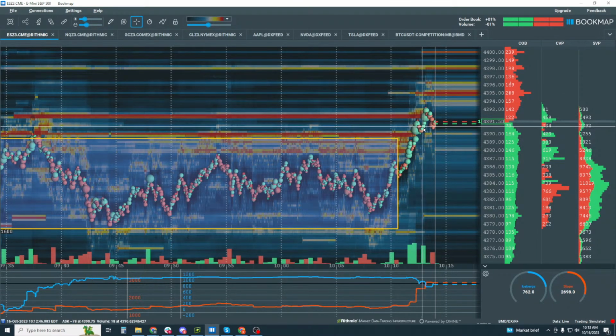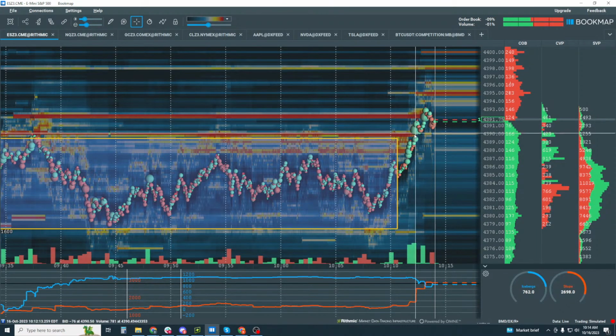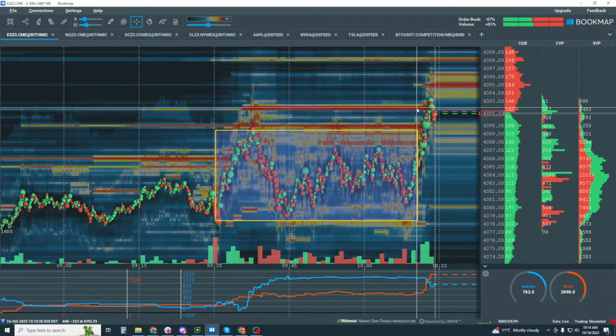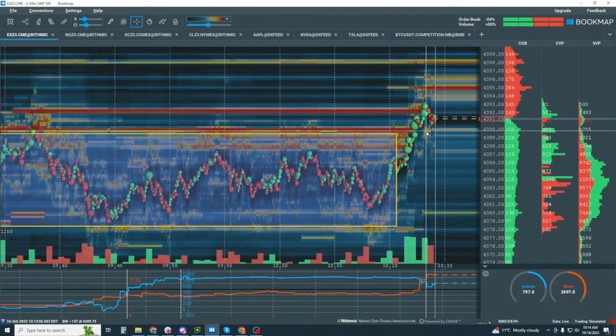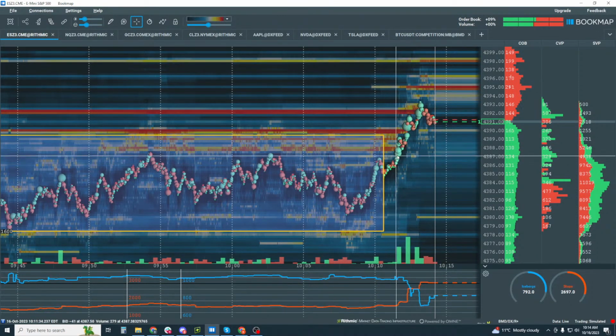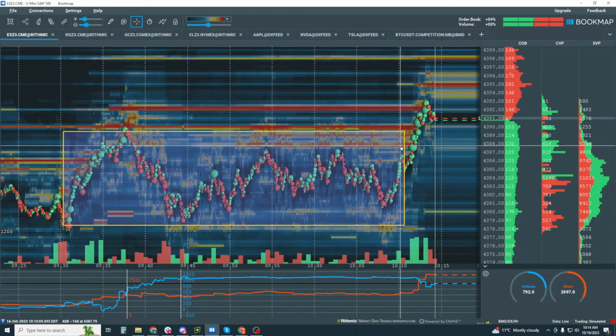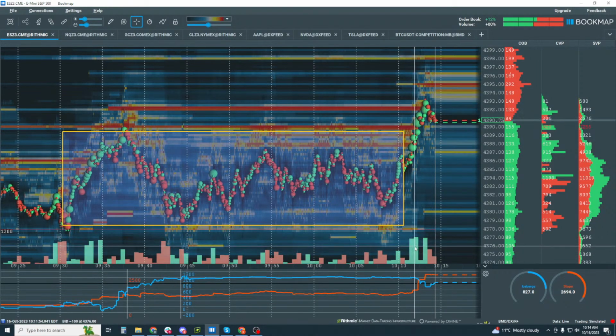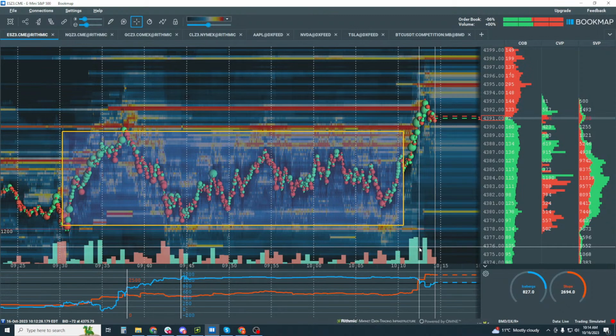All right, so we have a high liquidity getting filled yet again, up in these areas here. We have our big stop run, and we see quite a bit of volume in here on the buy side. Look at this reference here. It's a lot of buy volume here.